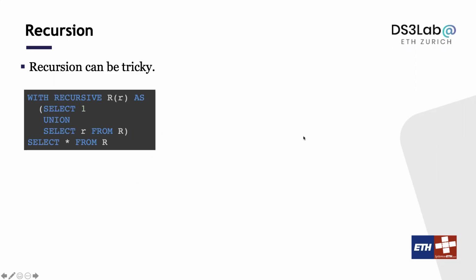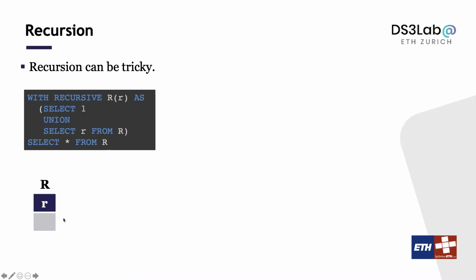At the beginning, the database will have one relation R, because that's a recursive relation, and it's empty. You always start from a relation that's empty. And then the database is going to run this query, select 1 union select R from R, given this empty relation.